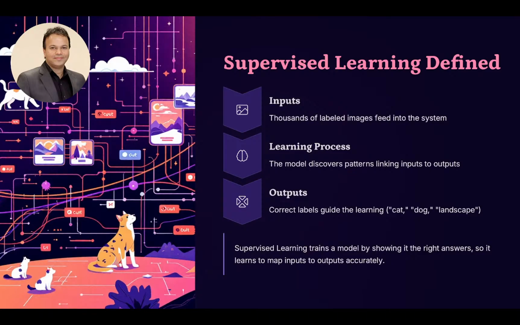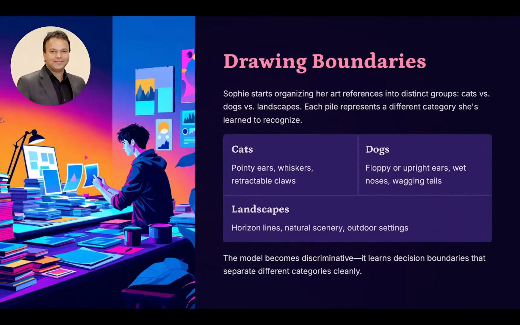The way supervised learning works is it takes inputs, which is thousands or millions of images with labels, where clearly a picture is shown and said this is a cat, this is a dog. Based on this guidance or the supervised learning, the model gets trained and starts recognizing patterns between so many of the images. Now Sophie also is learning about different images and how they look and starts making a list of features between these objects.